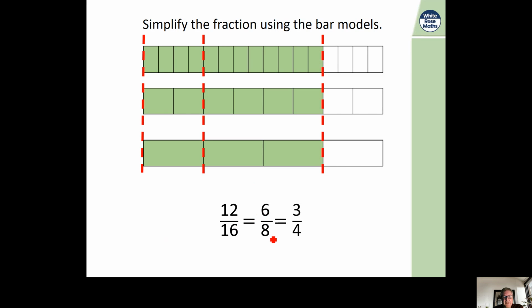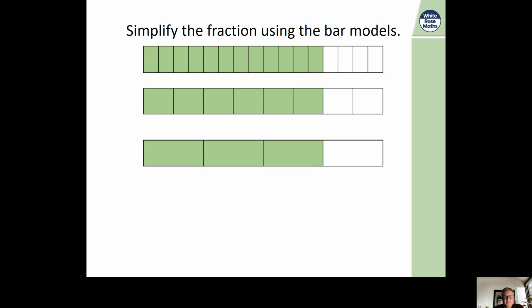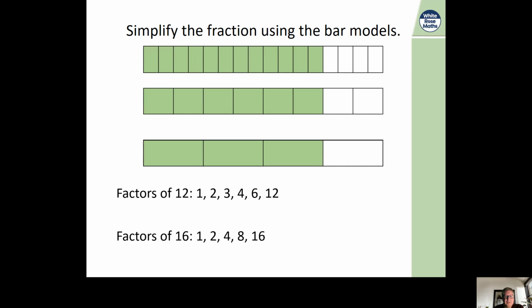So we can simplify 6/8 further. Looking at a fraction wall, using the factors, whichever suits you. Factors of 12, factors of 16. What's going to happen next? We're looking for common factors.